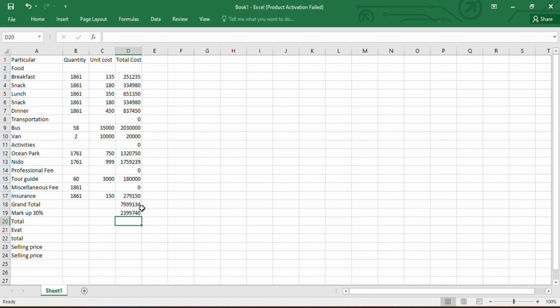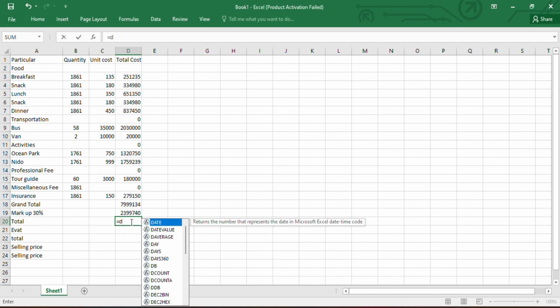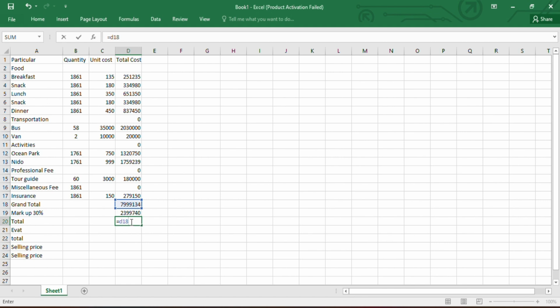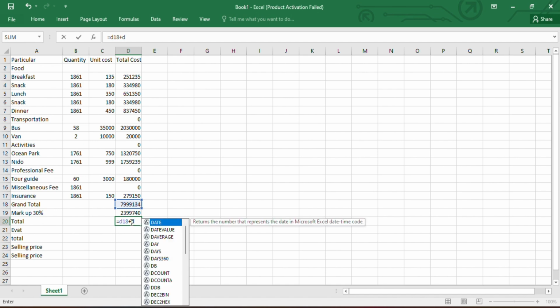Next is we're going to compute for a total. So we're going to compute D18 plus D19. And there you go. Then for our EVAT, we're going to compute D20 times 12%.